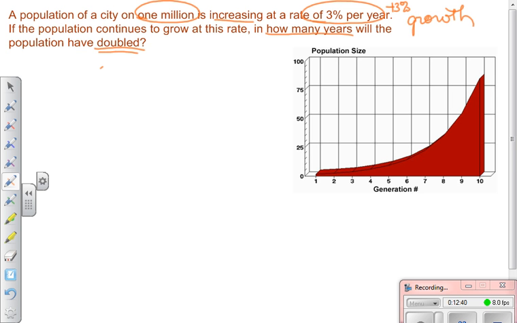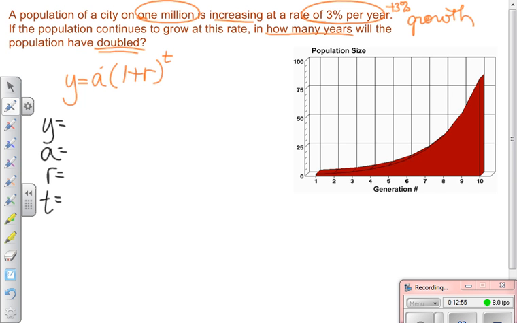So since we're not talking science, we can use our y is equal to A(1 + r)^t. So what are we looking for? We have y, we have a, we have r, and we have t. Well, since our question's saying how many years, t is what we don't know.